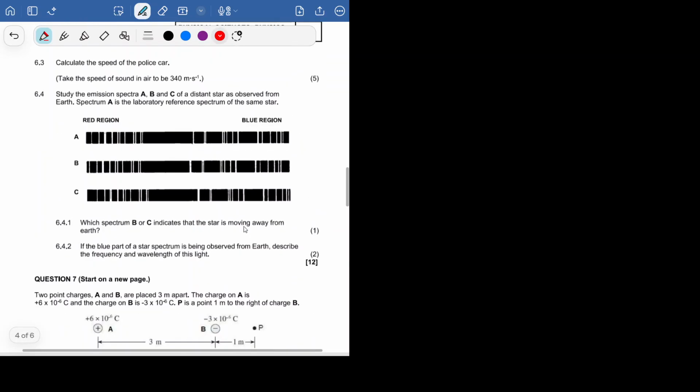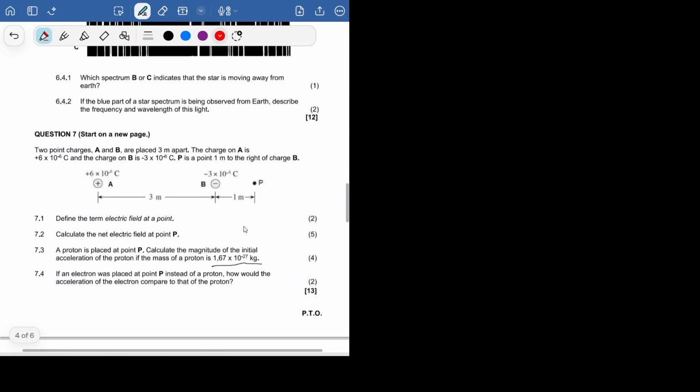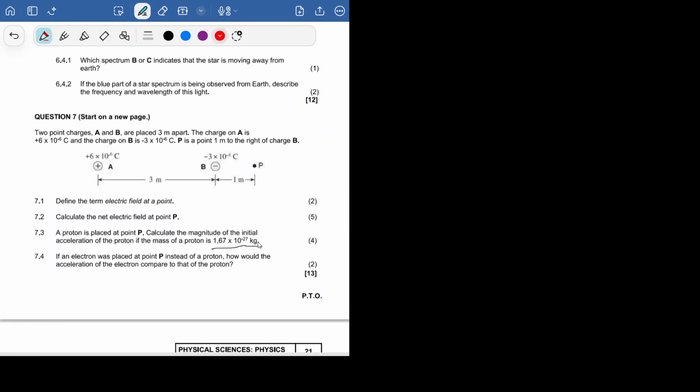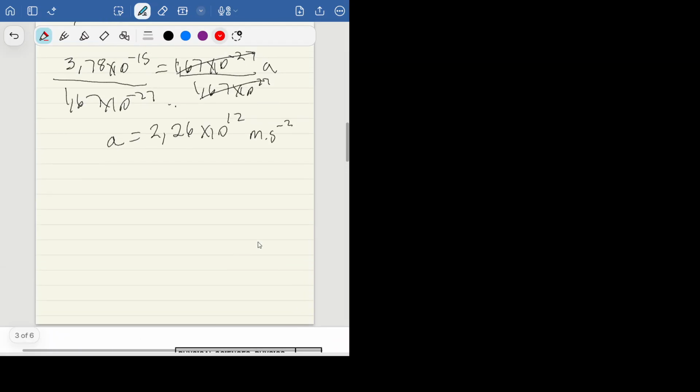But the mass of a proton is 1.67 times 10 to the power of minus 27. So minus 31 is smaller than minus 27, right? So the electron weighs less compared to a proton. So we are going to answer with reference to this.